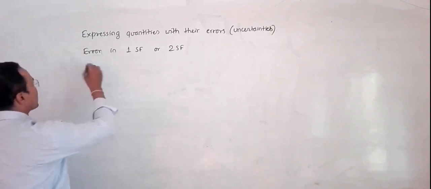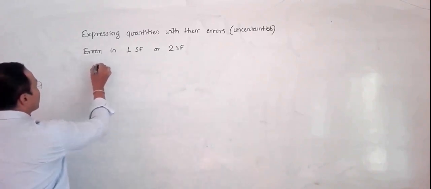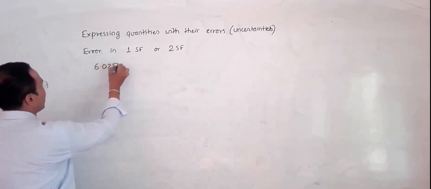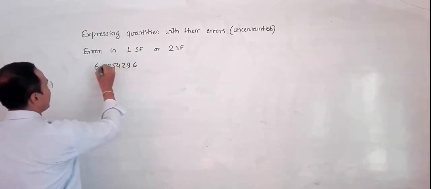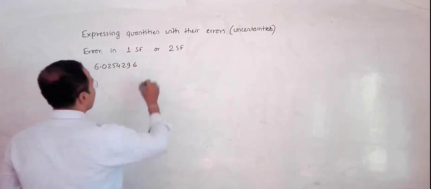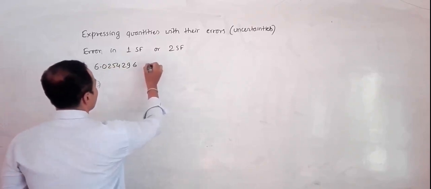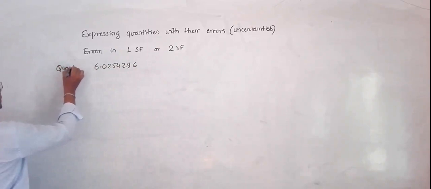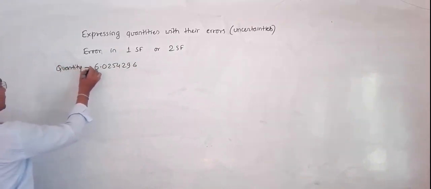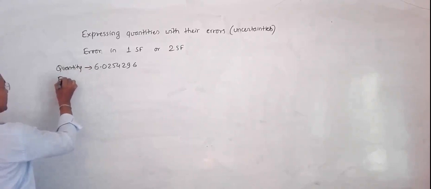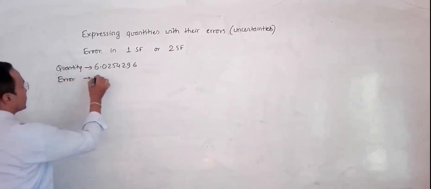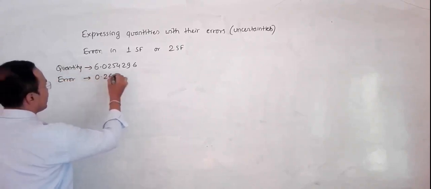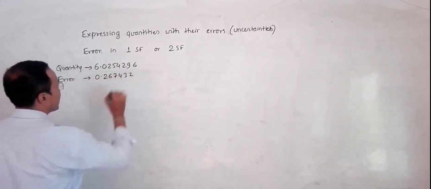So let me say I have a quantity, let us say 6.02542996, and this quantity has got a certain error. This is the main quantity, and the uncertainty on it, the error, is equal to 0.267432 and so on.